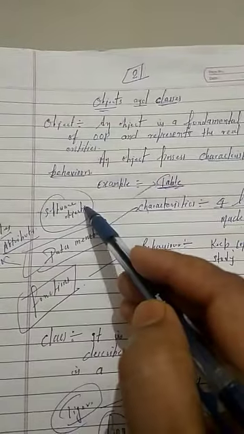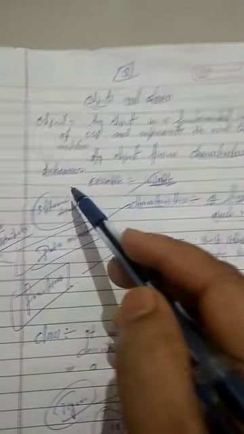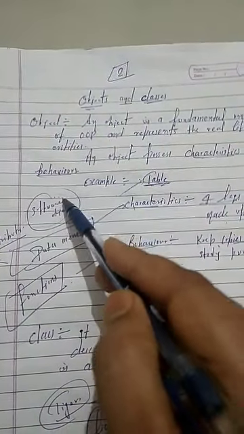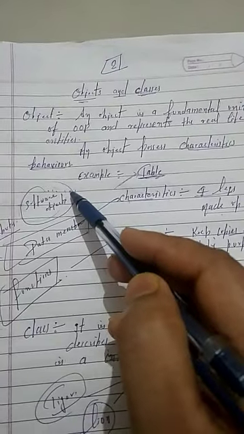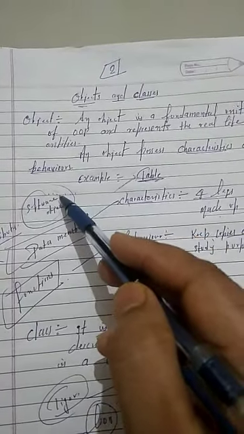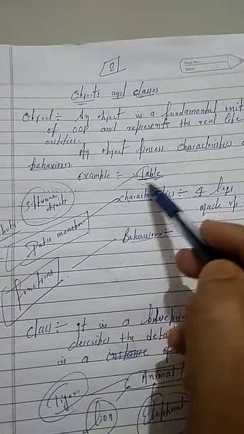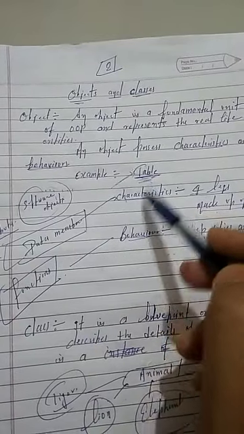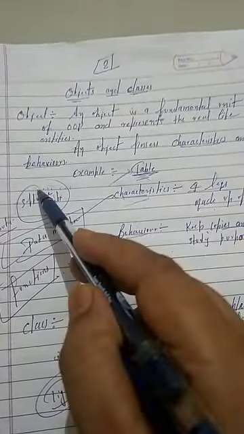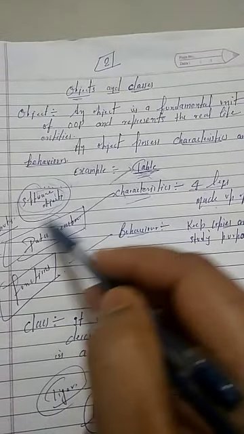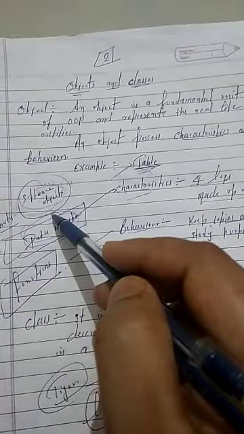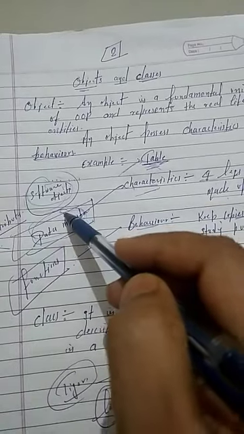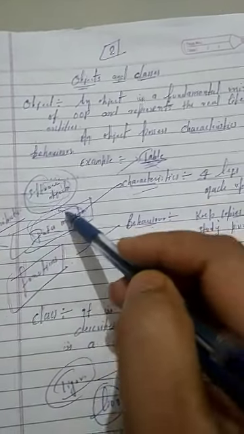But if you are talking about the software object, software object means what? The object that we use in programming or in a Java program. If a real life object has characteristics, a software object has data members. What is a data member? A variable that you declare in the class.